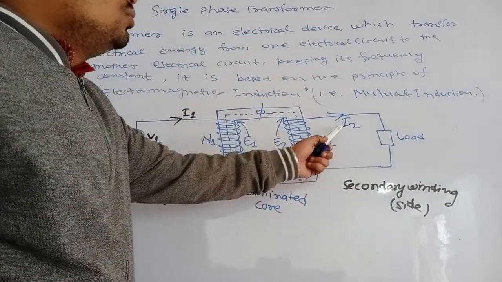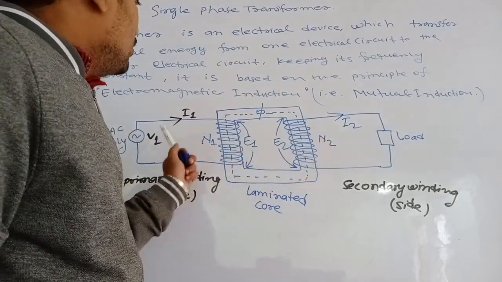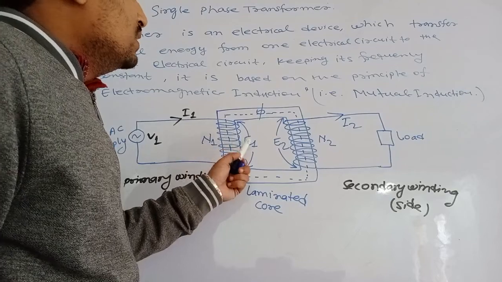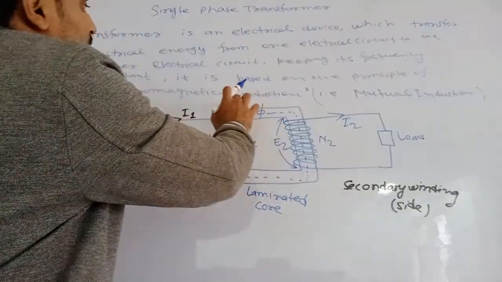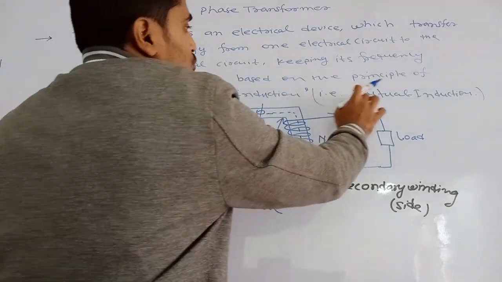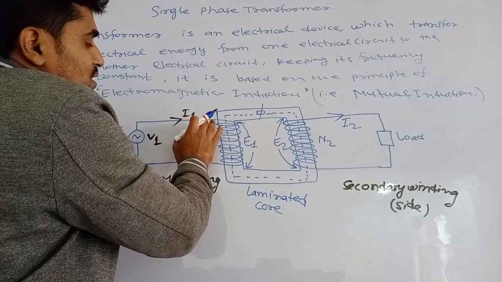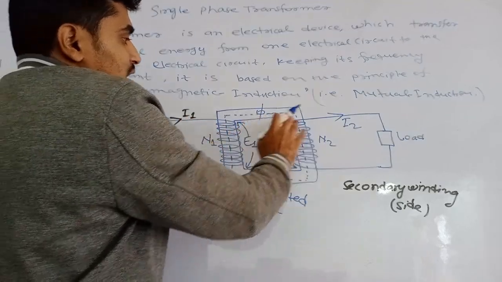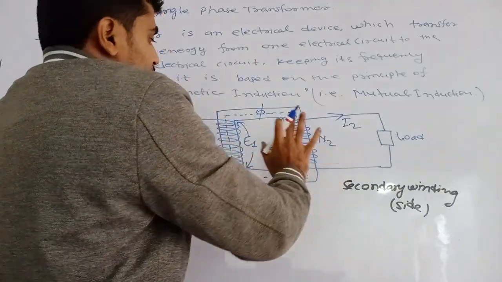So I2 is the induced current due to the primary winding, which is the principle of induction. That is mutual induction: one side is supplied or energized at the primary, and then the secondary is induced.